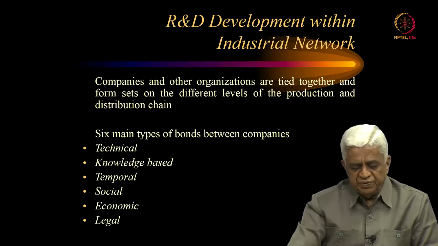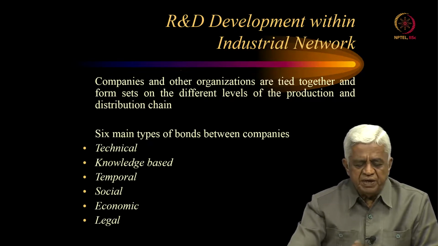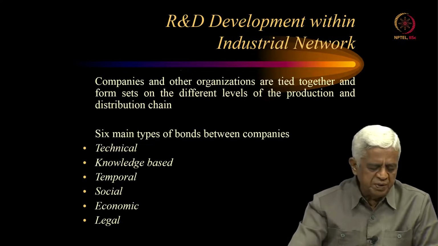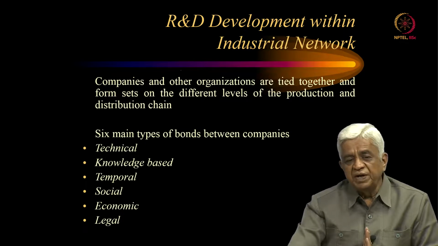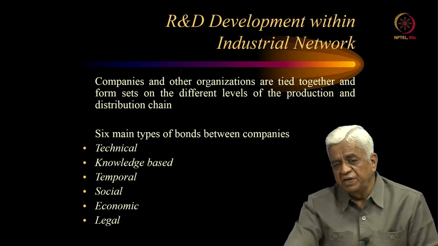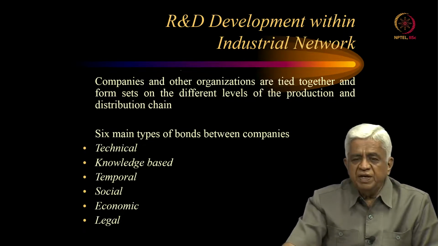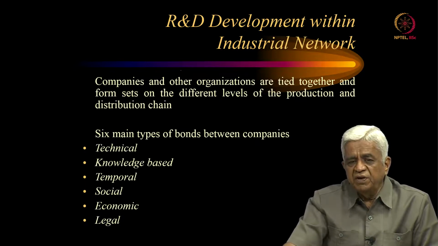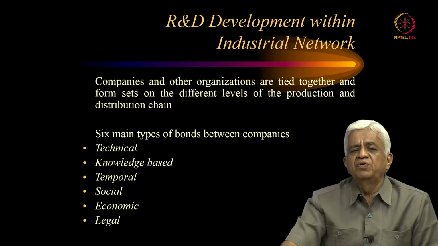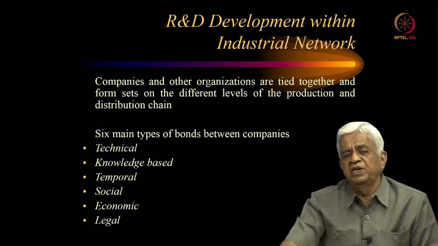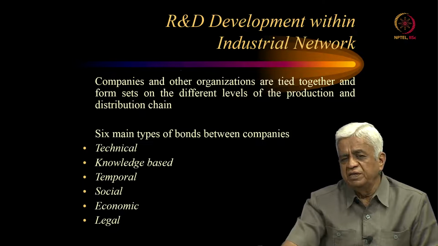So, these 6 main types of bonds between companies are given here, that is in the industrial network. One is technical, second is knowledge based, third is temporal, fourth is social, economic, legal.